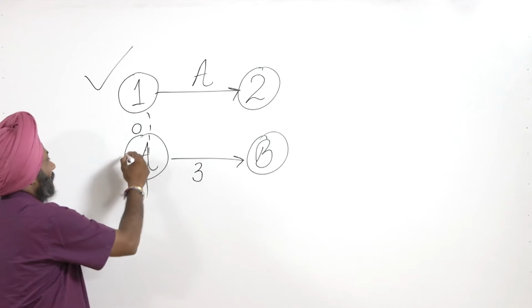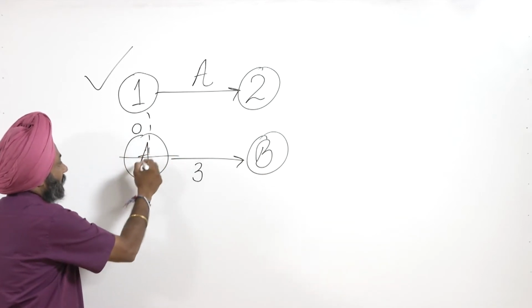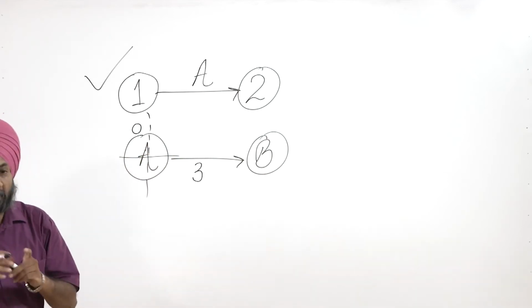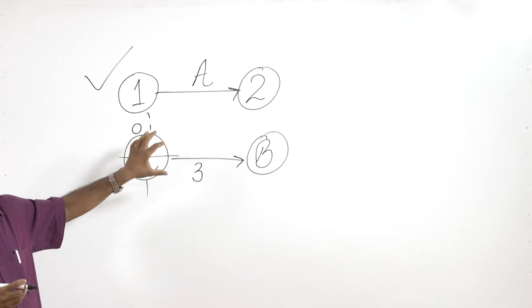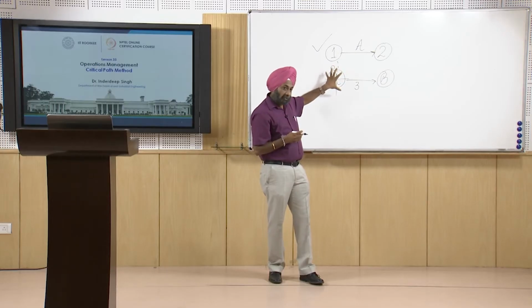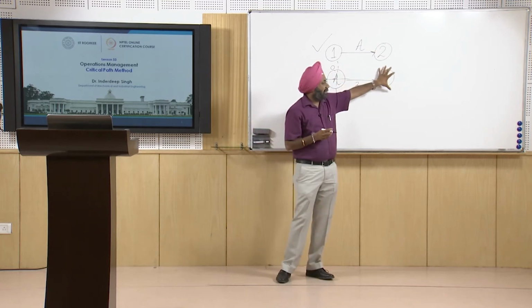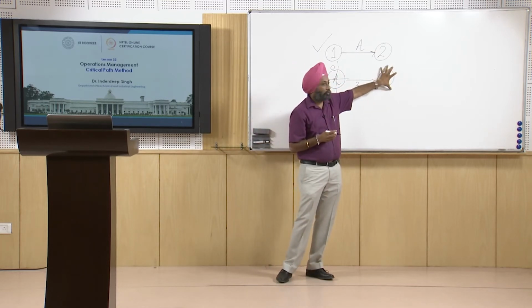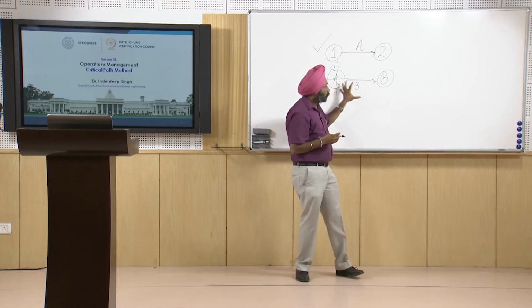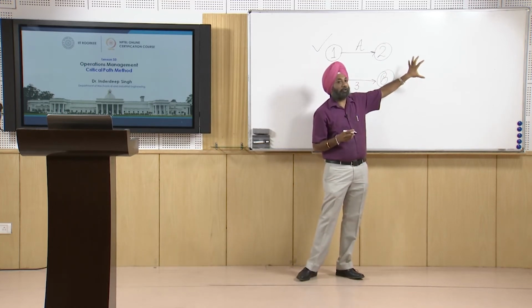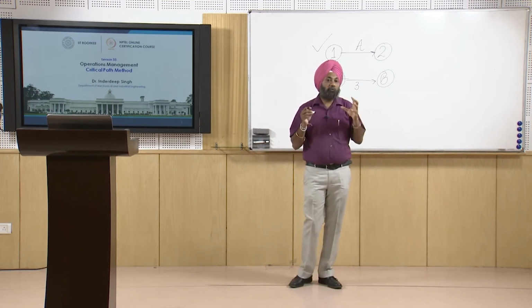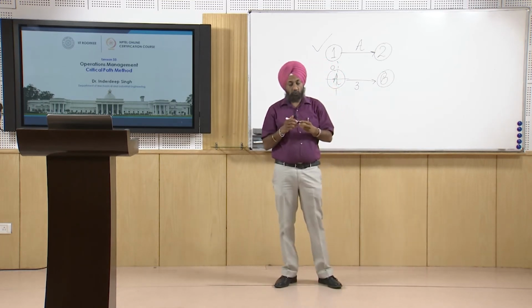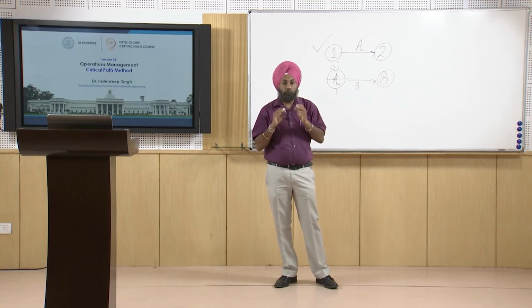So we will divide each node into various sections, and we will do the calculations for early start, late start, early finish and late finish for this node, and also for this node, and we will carry forward this calculation for all the nodes in the network and try to find out the critical path. This is the objective of today's session.